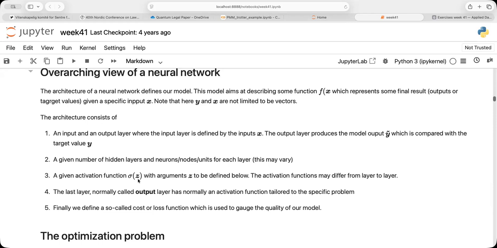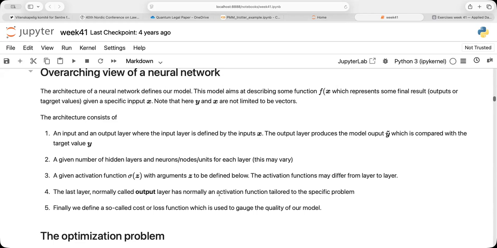Then, when you have this, you have the final layer, which is the output, and that has an activation function which may be different. So you can have, let's say, 100 hidden nodes in the second last layer, but then the output layer is perhaps just sending out 1 or 0. So there will be only one output.